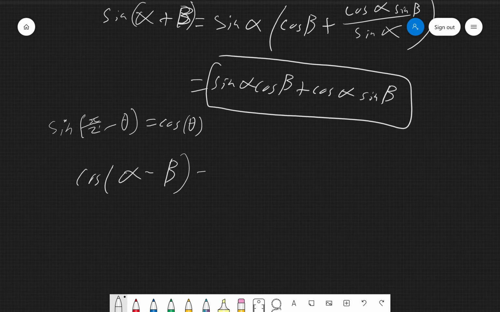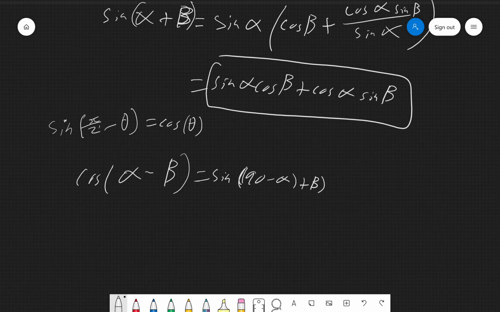That's equal to the sine of 90 minus that, which is 90 minus alpha plus beta, if you know what I mean.